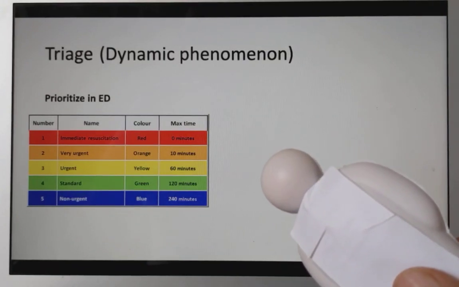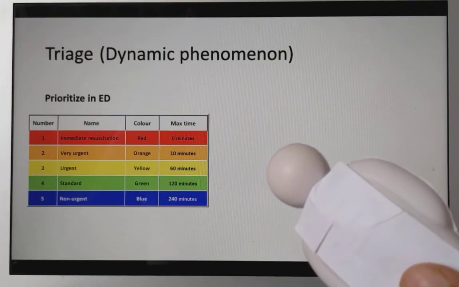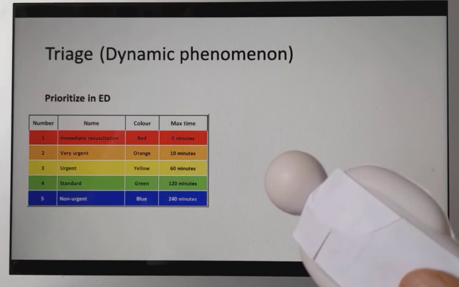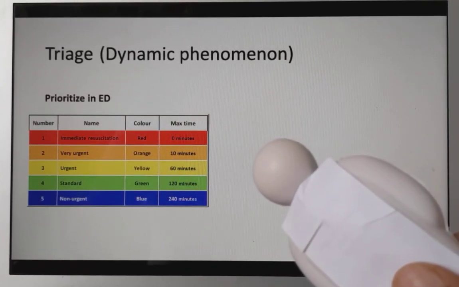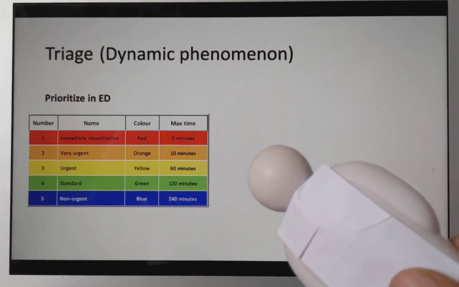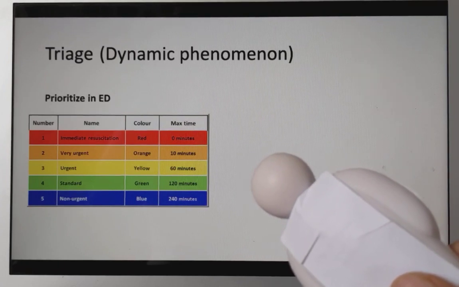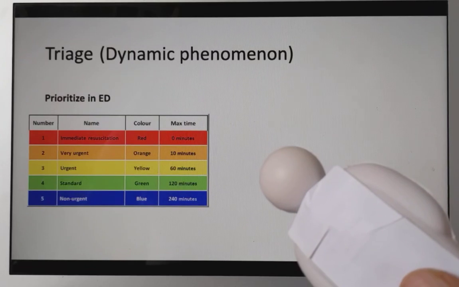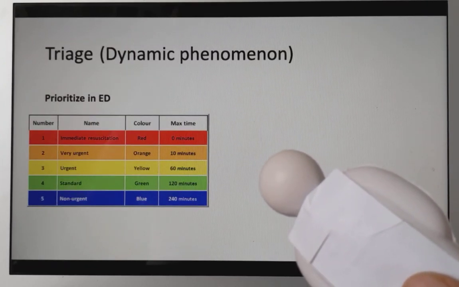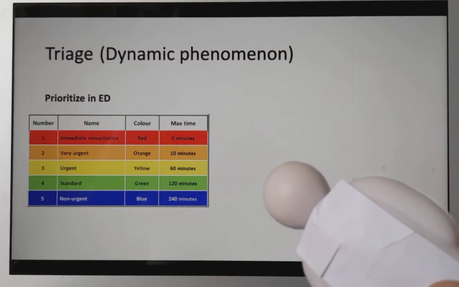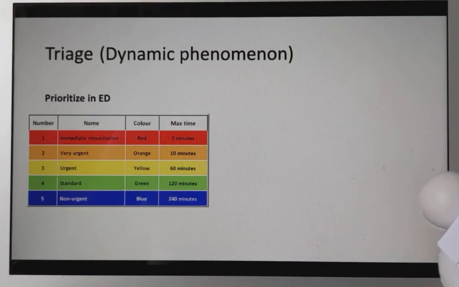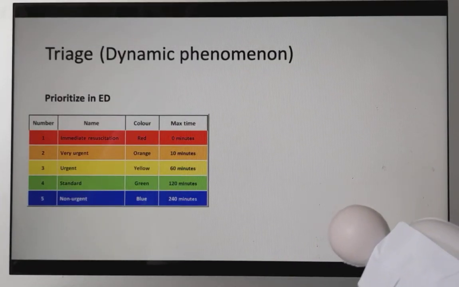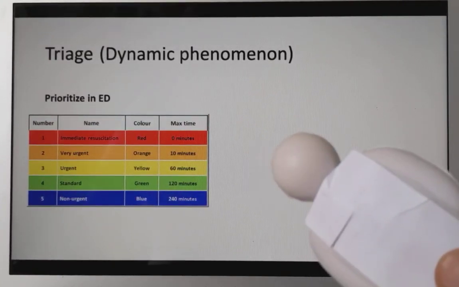They need to be taken immediately to a resuscitation bay or a crash bed, and treatment needs to start immediately. Otherwise you could classify them as very urgent, urgent, standard, and non-urgent. This is how you identify in how much time they should be seen, or otherwise the clinical condition may deteriorate.